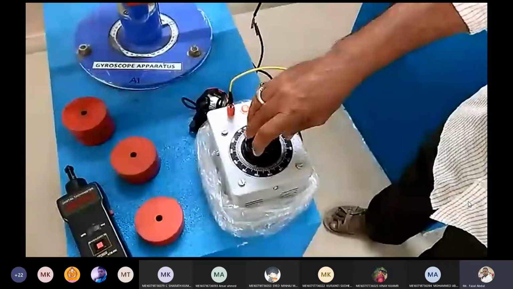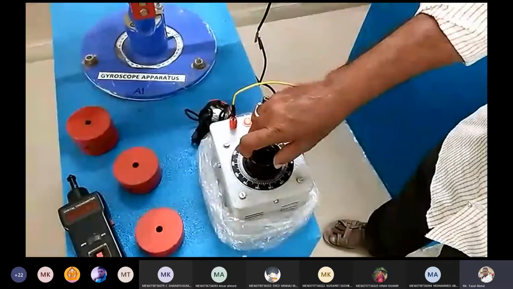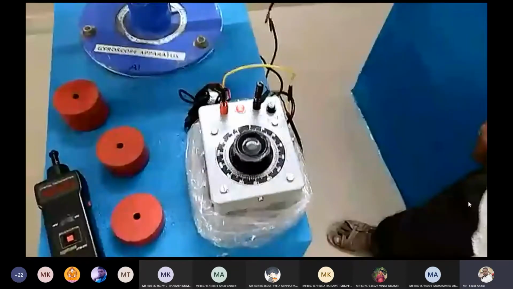As the voltage increases, the speed of the motor will rise.